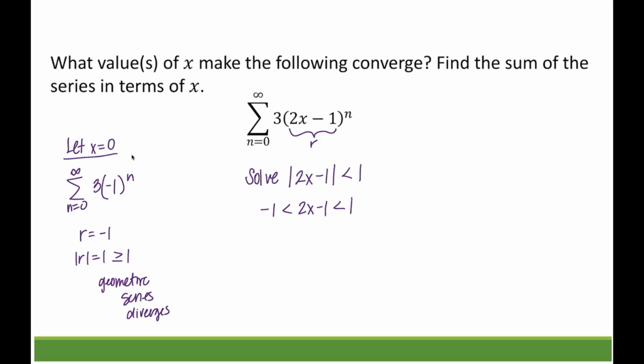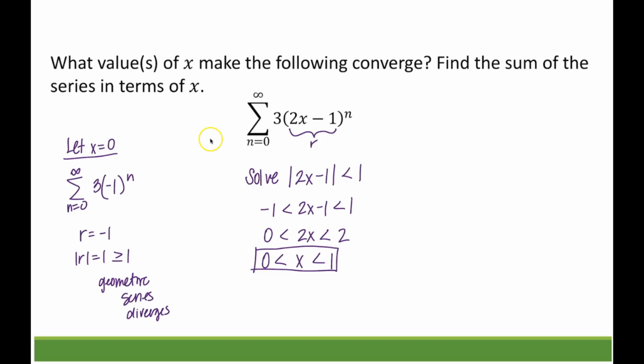So -1 plus 1 is 0 is less than 2x, and then if I add 1 on the right, 2. And then let's divide everything by 2. So 0 divided by 2 is 0, 2x divided by 2 is x, 2 divided by 2 is 1. So now I have this set of values. This set of x values between 0 and 1 are the ones that make this converge. So this is my answer.